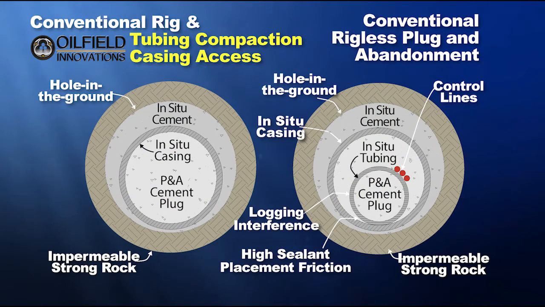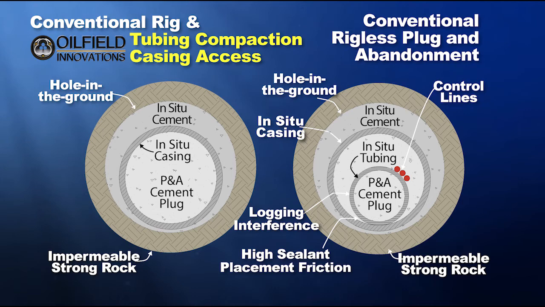One of the more important aspects of tubing compaction is that it gives the same casing access as conventional rig P&A, whereby, as shown here, the tubing is removed from the casing to give the ability to log the in situ cement and place a cement plug within the in situ casing that's not obstructed by control lines or the tubing.